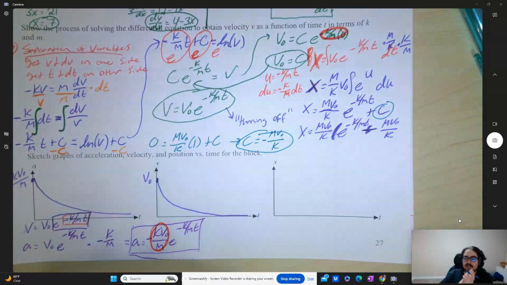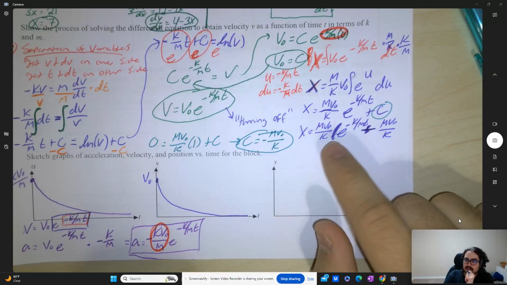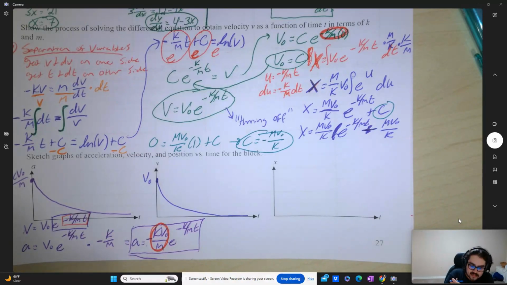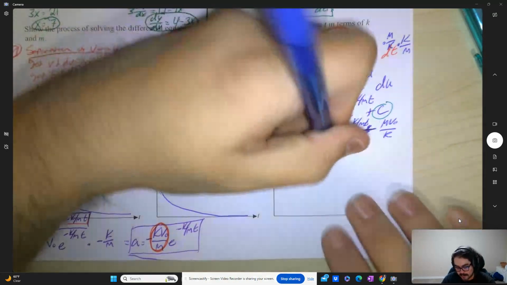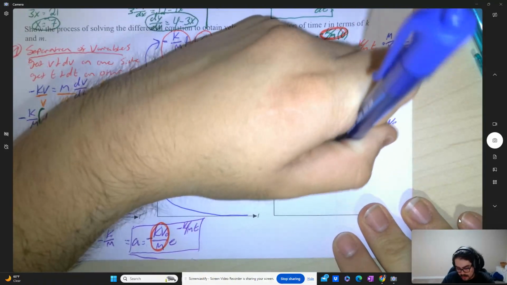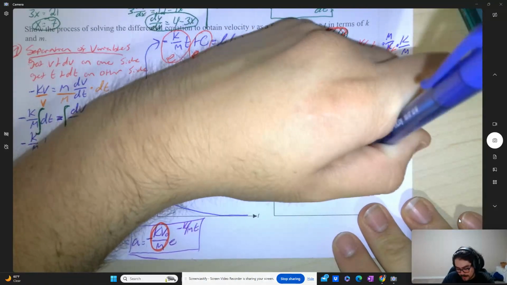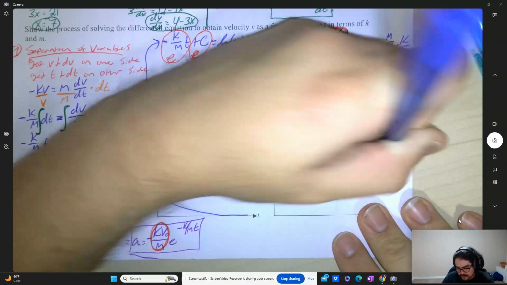Then you can factor out the mv naught over k, and you would end up getting a funky kind of equation. If I factor out a positive mv naught over k, you would have to swap these terms inside, so it would be x equals mv naught over k, parentheses 1 minus e to the negative k over m times t.